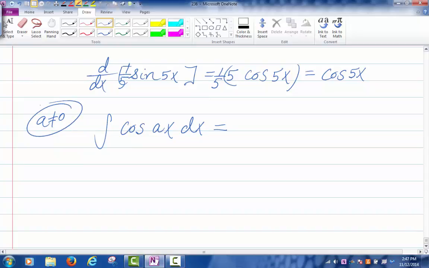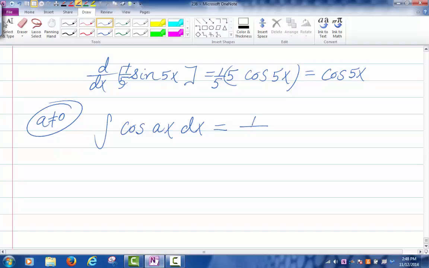If a is 0, you get cosine 0, which is 1, so you have the constant function 1 in that case. Now, if a is not 0, then you don't have a constant function. You have cosine of something like 2x, half x, 0.001x, whatever that is. What do you think is the integral in this case for any a?